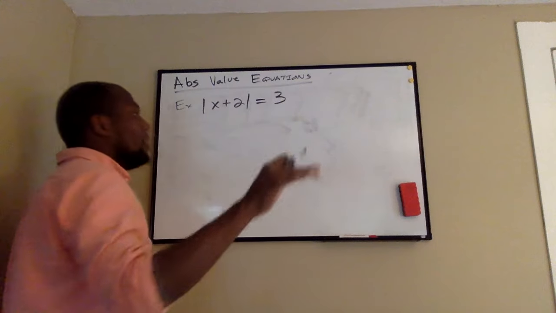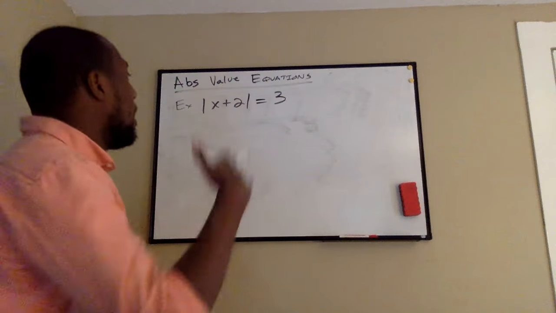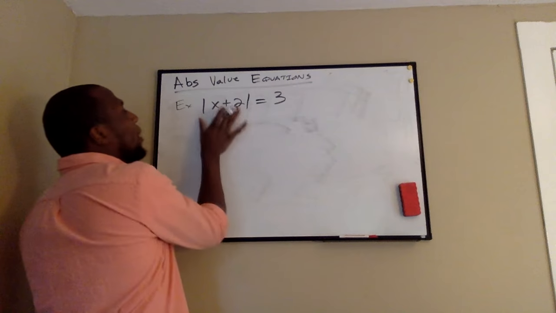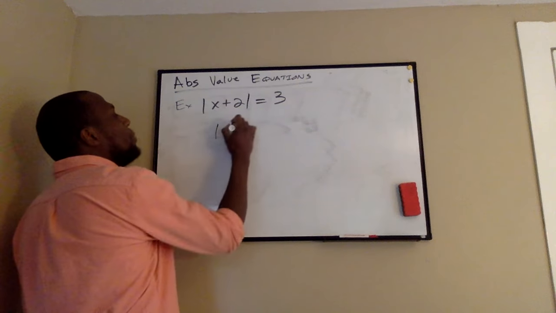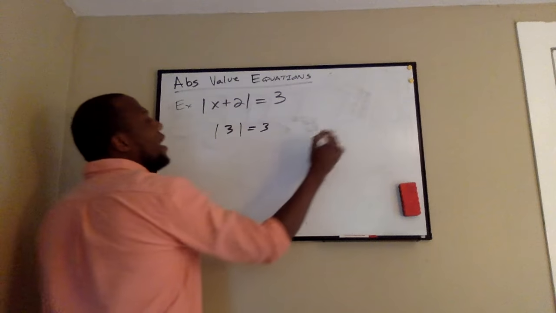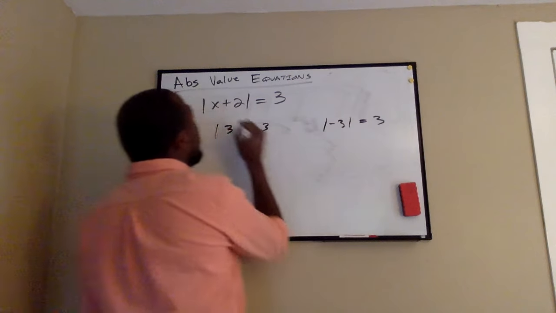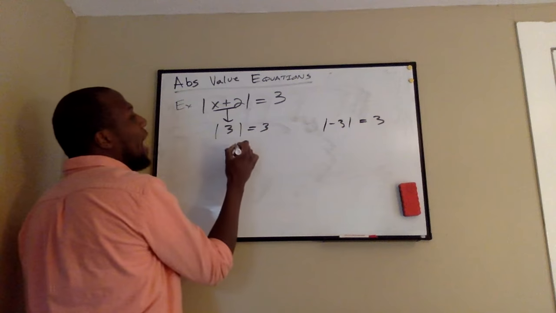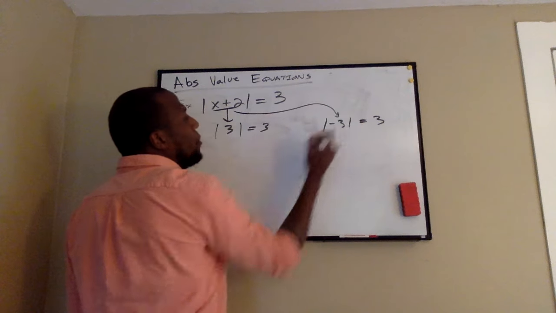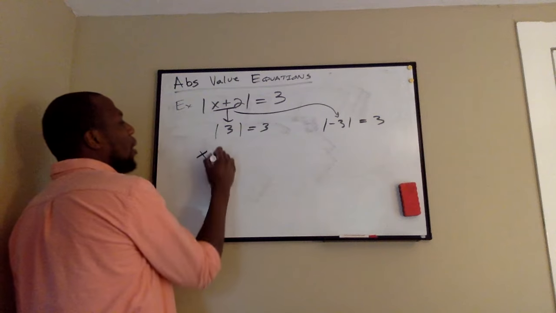Still the same thing. We're just stepping up, scaling up. Because we know that the absolute value of 3 is equal to 3, and the absolute value of -3 is equal to 3, then that x plus 2 can either be that or it could be that. So I need to set up both of those equations.